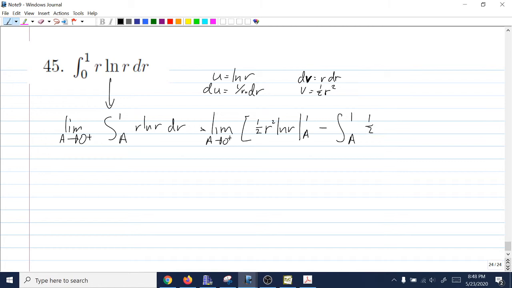R squared times 1 over r is r. That integral I can do. Plug in 1, you get 0. Yeah, natural log 1 is 0. Minus half a squared natural log a.